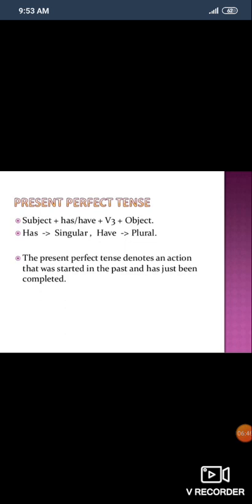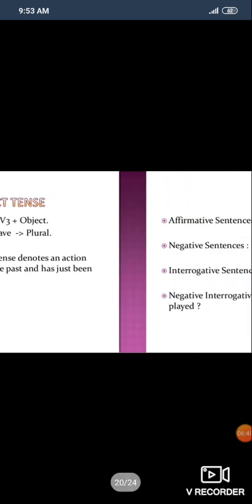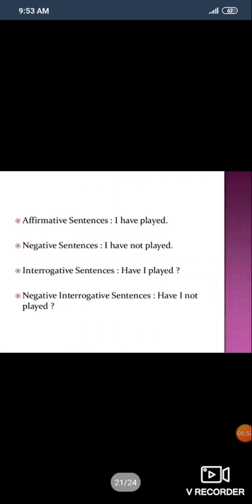Now the next tense is the present perfect continuous tense. First, in this also there are four types of sentences, that is affirmative, negative, interrogative, and negative interrogative. First, affirmative: I have played. Negative: I have not played. That means subject plus helping verb plus not plus verb third form plus object.